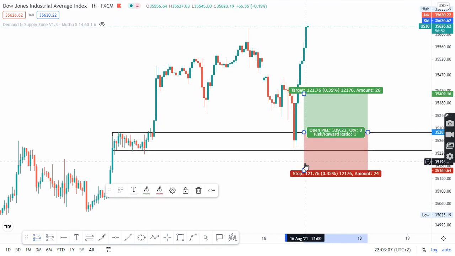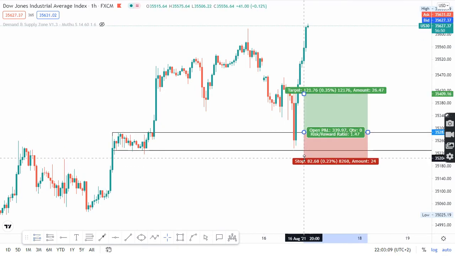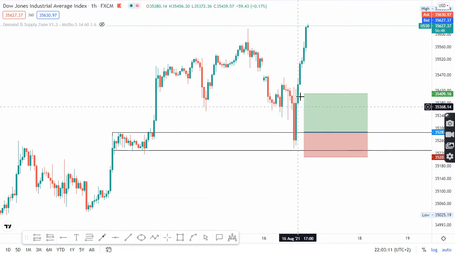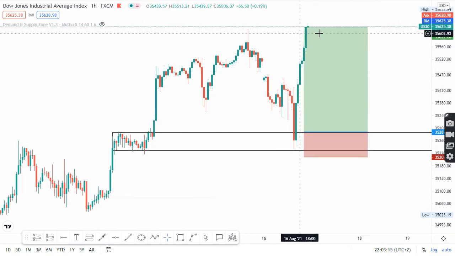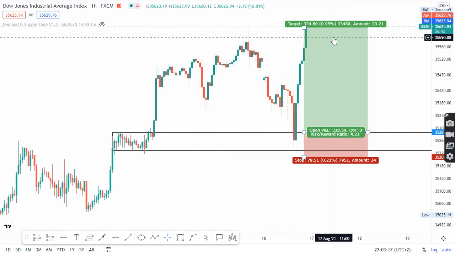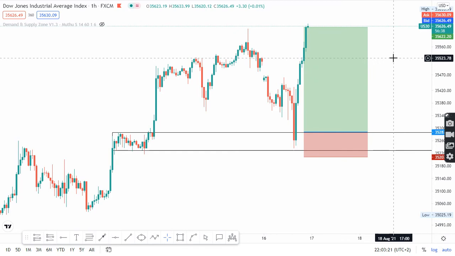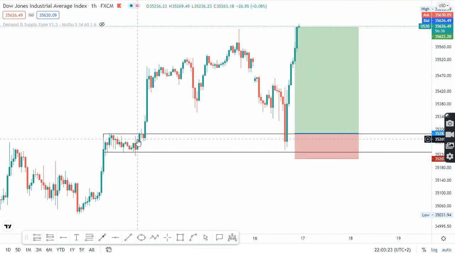If you took it from here and your stop loss were slightly below the demand, you would have taken a nice trade here. Almost 334 pips caught, just this one move. How long did it take?